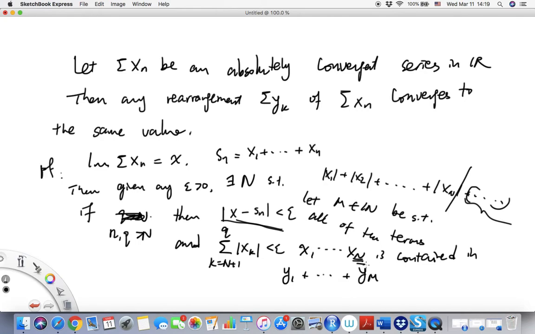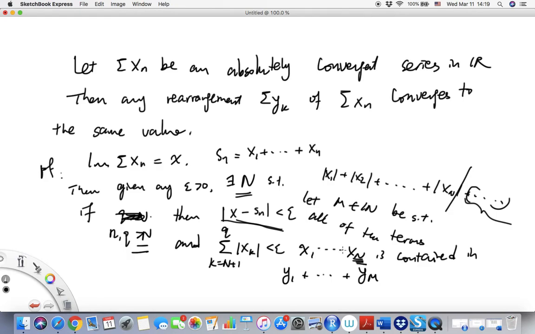This big N is a fixed number, because given any fixed epsilon, this big N is fixed, so there are only finitely many terms here. And because the series is a rearrangement of the original series, if you choose M big enough, eventually y1 plus all the way up to yM would include all these things here.